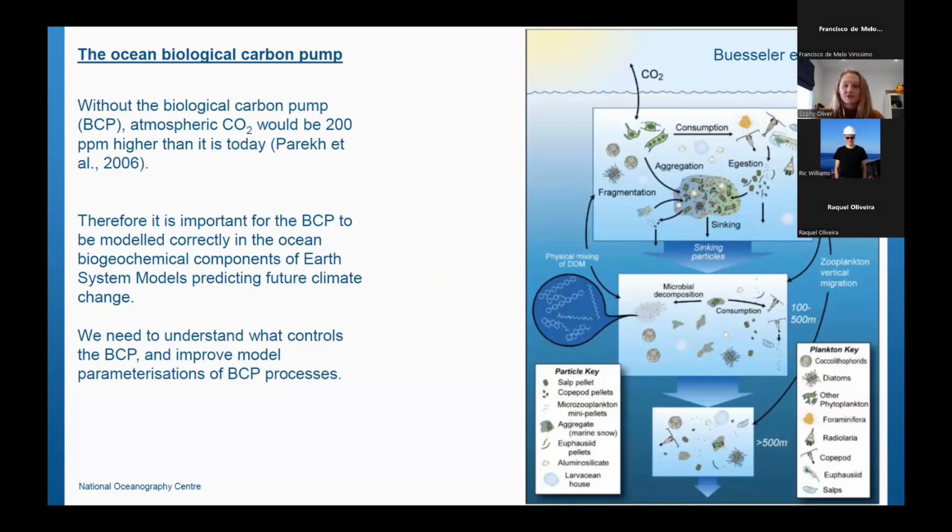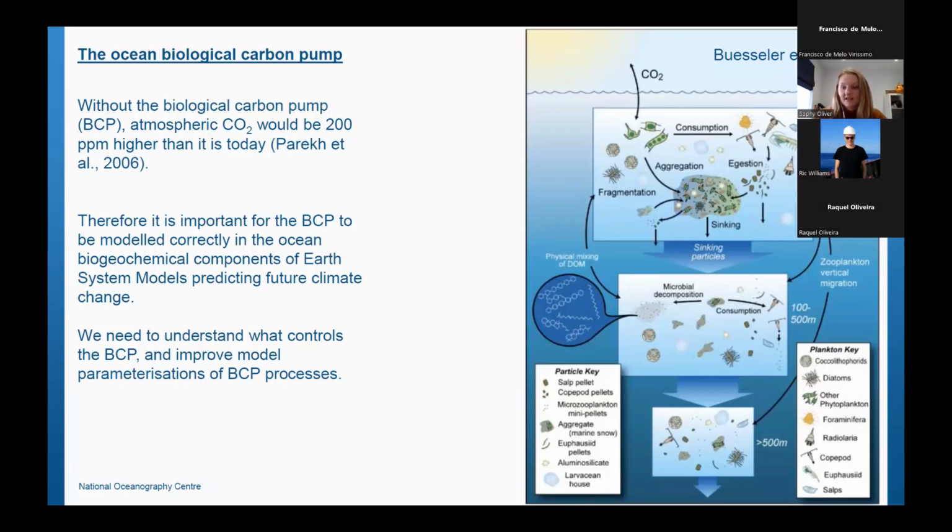The ocean biological carbon pump involves the transport of organic matter from the surface ocean to the deeper ocean. It does this by photosynthesizing phytoplankton near the surface taking up carbon into their bodies, getting grazed on by zooplankton, and then when they die, they sink through the water column.